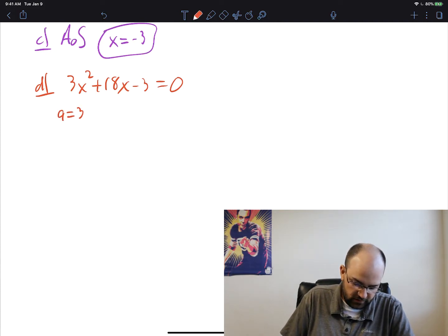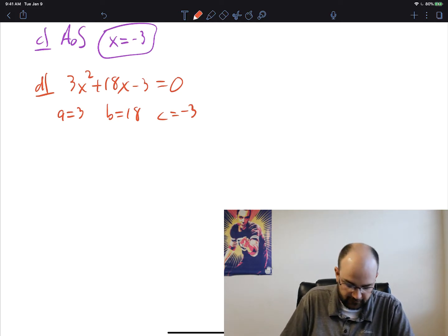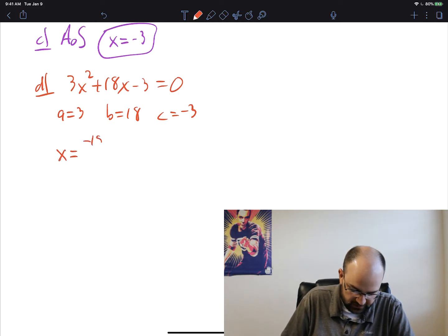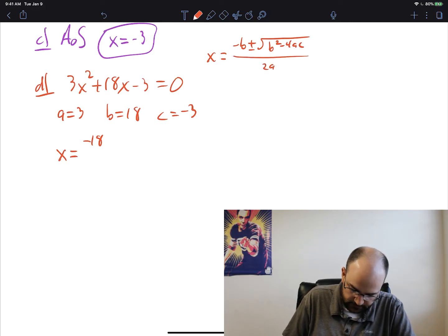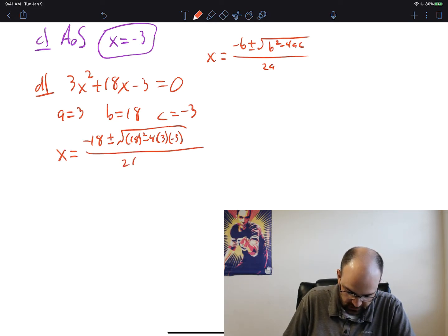If I plug in A is 3, B is 18, and C is negative 3, that's going to give me certain values. And once I use that in the quadratic formula, x equals negative b, which is negative 18, again, quadratic formula is this, and then plus or minus the square root of 18 squared minus 4 times 3 times negative 3, all over 2 times 3.